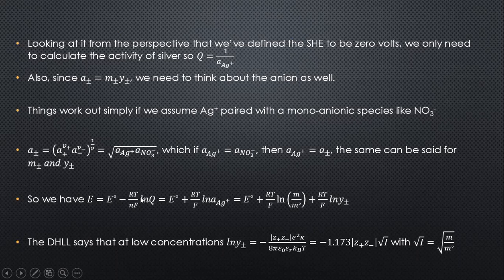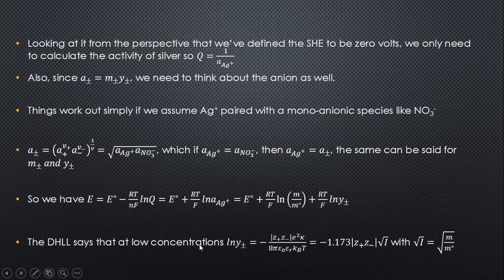So from this, we can replace Q with the activity of silver, and we're going to flip the sign, so instead of 1 over a, it's a. Then replace that with the molarity and RT ln of the activity.